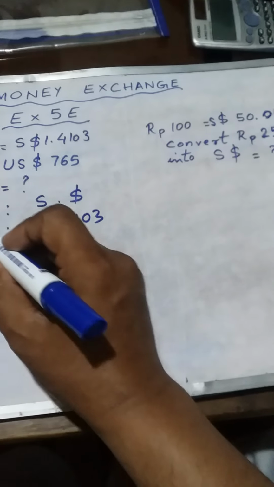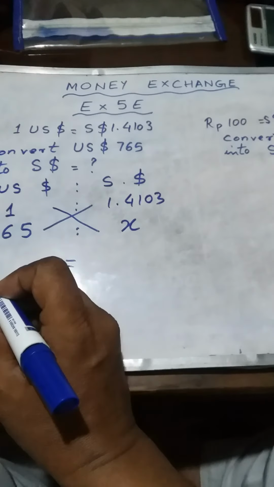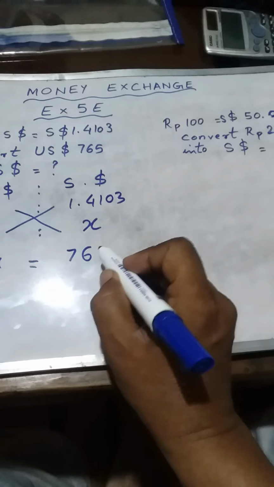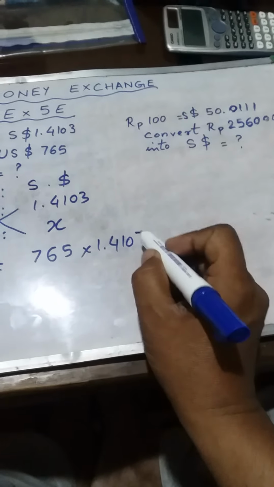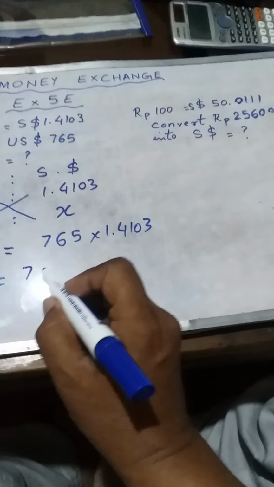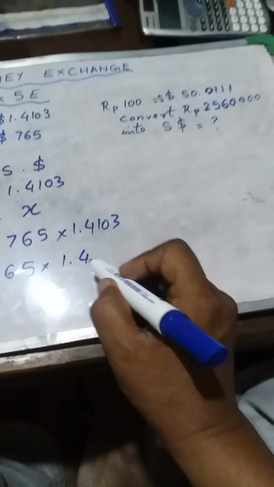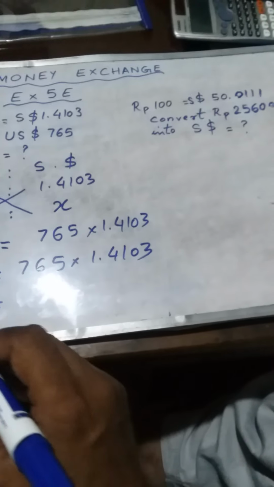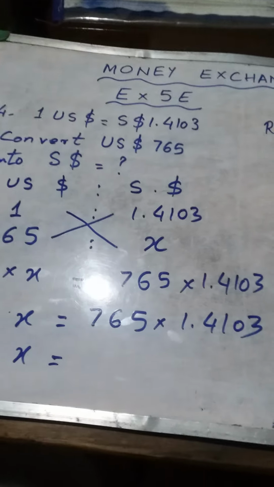So we cross multiply like this: 1 multiplied by x, and 765 multiplied by 1.4103. So x will be equal to 765 multiplied by 1.4103. Now we will have to use the calculator.